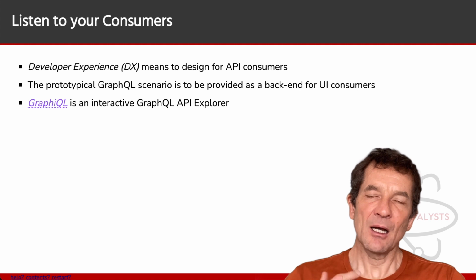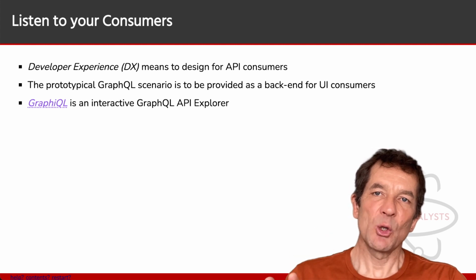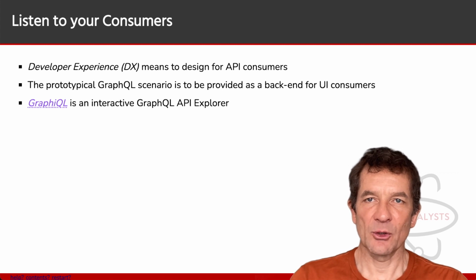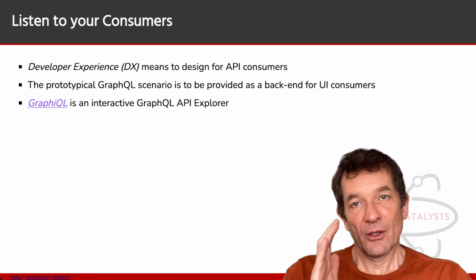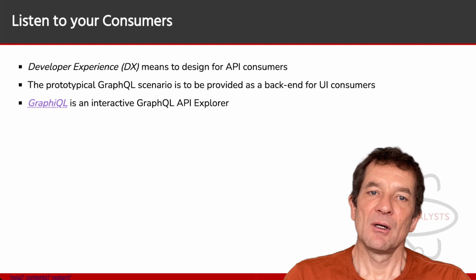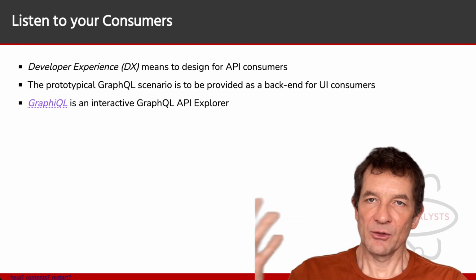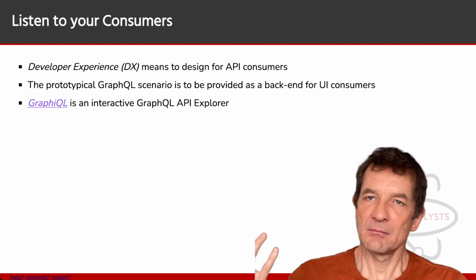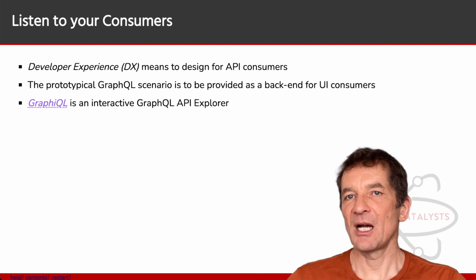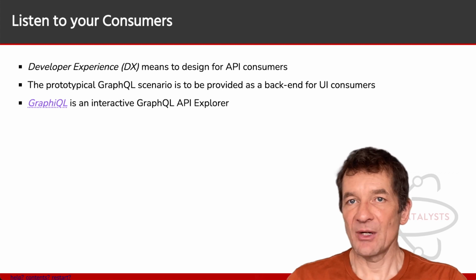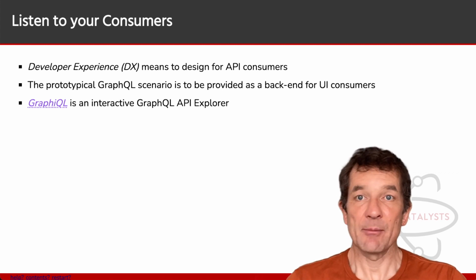And depending on what you expose, again, this may end up with different conclusions. The prototypical scenario of GraphQL is that you have a user interface in apps or in a browser talking to a backend. And this is where GraphQL often can be useful.